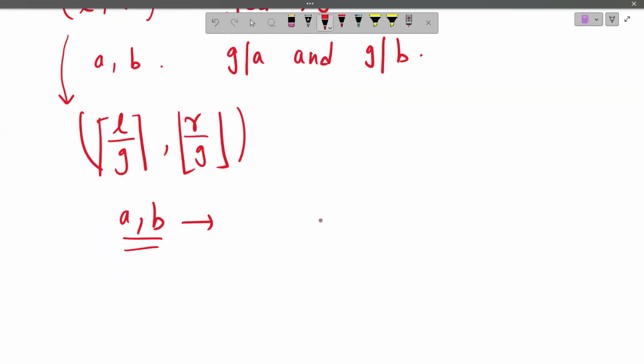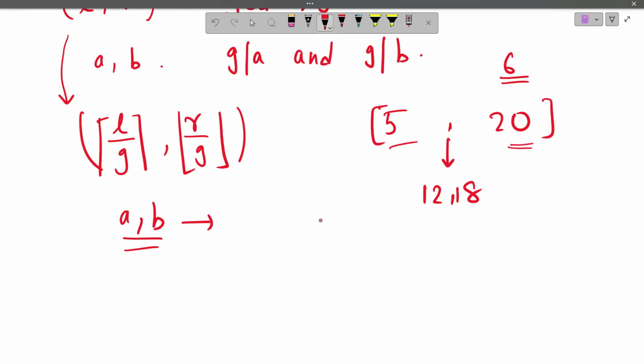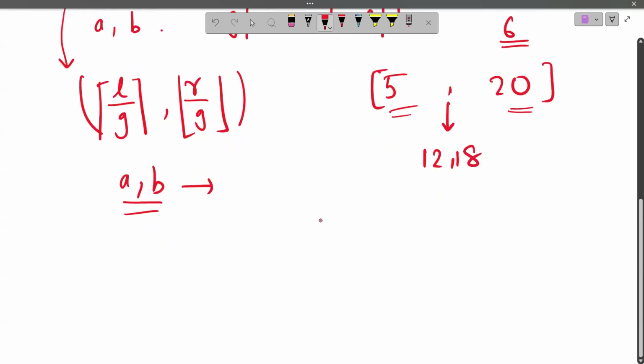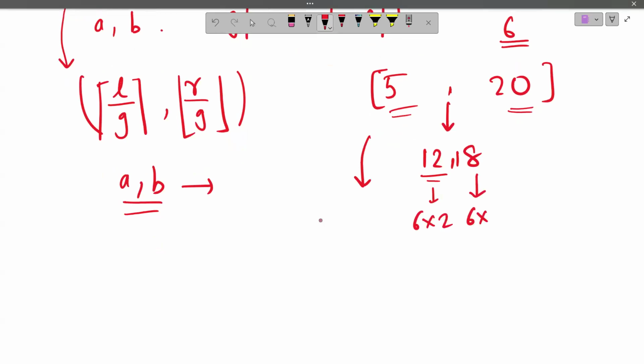Suppose you have to find two numbers with a GCD of 6 in the range 5 to 20. I know that two numbers with a GCD of 6 can be 12 and 18. But my idea is why not scale it down to a smaller value? 12 is nothing but 6 times 2, and 18 is nothing but 6 times 3.